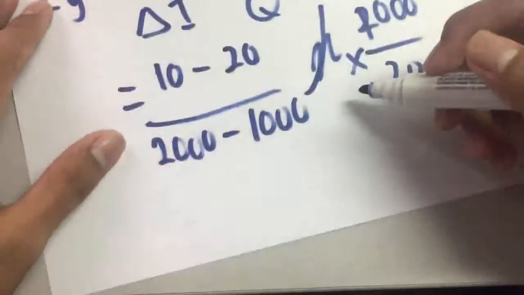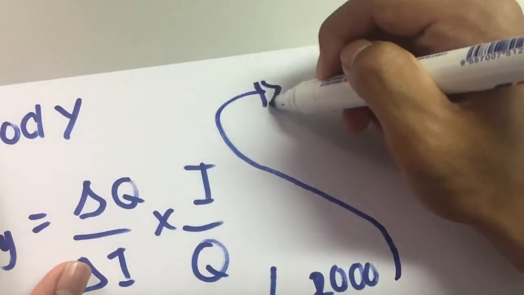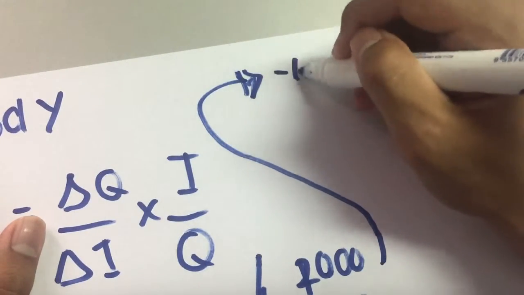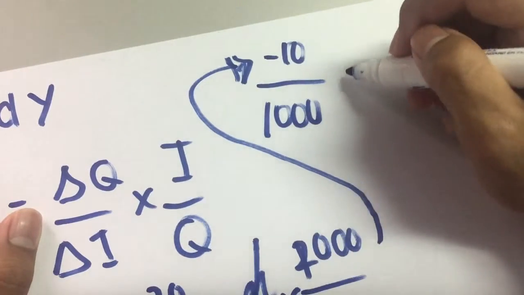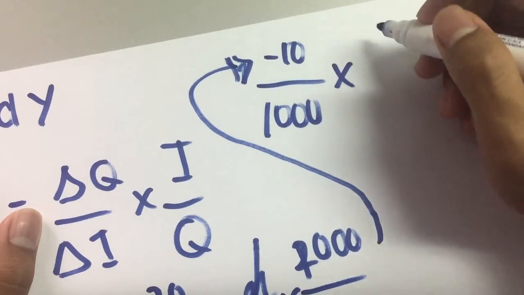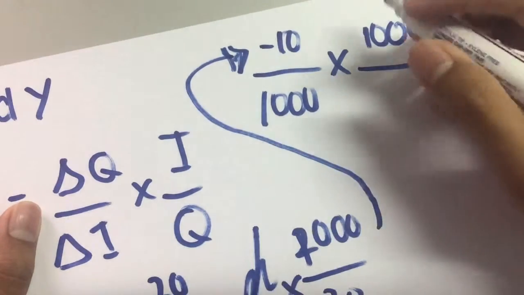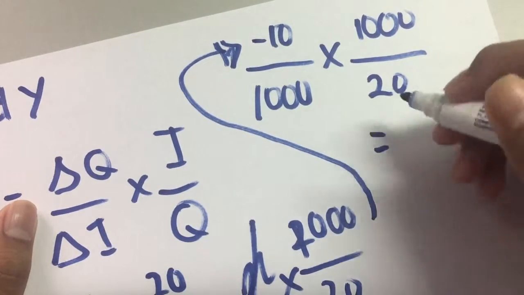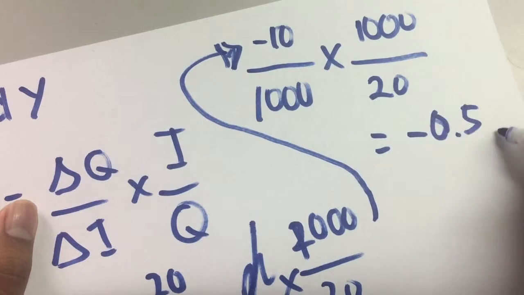Then we can get negative 10 equal to 1000 divided by 1000, times 1000 divided by 20, and you get negative 0.5.